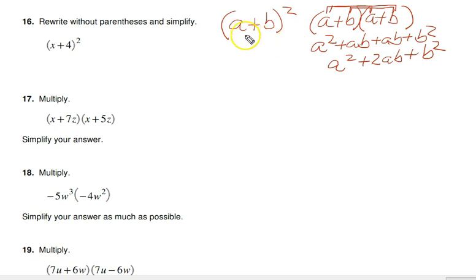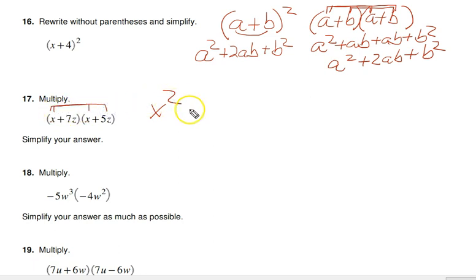Now the shortcut method that you're going to need in Math 1108 is you square this first term, that gives you A squared. You multiply these two together, that gives you an AB. But now you double it, so you get 2AB. And then you square this term, and that gives you a B squared. And you'll notice the answers are the same. Now here we're going to use the FOIL, first terms. Again, you can try it, x squared.